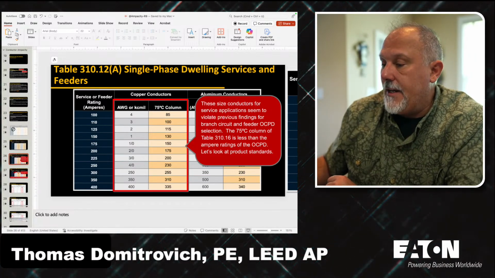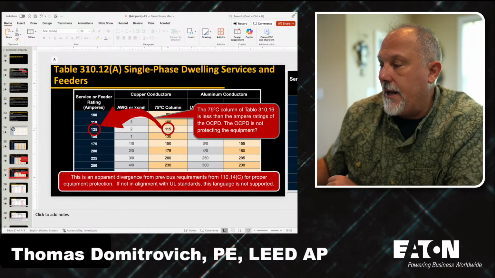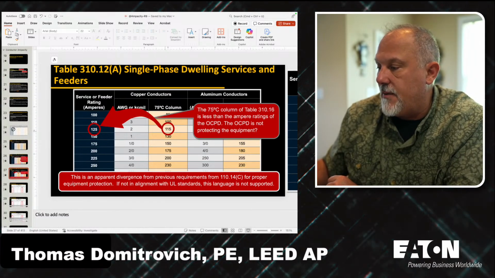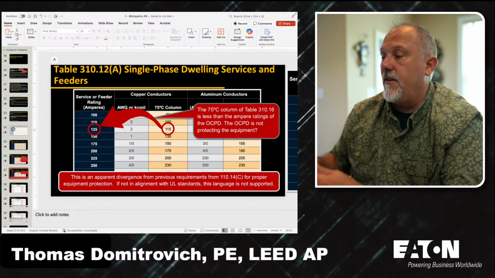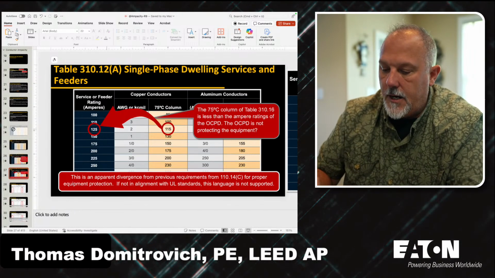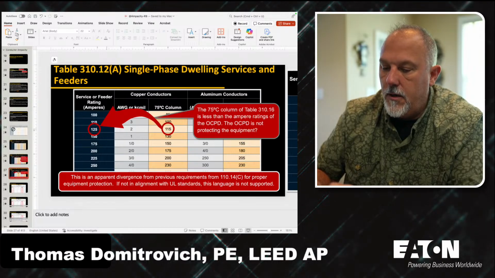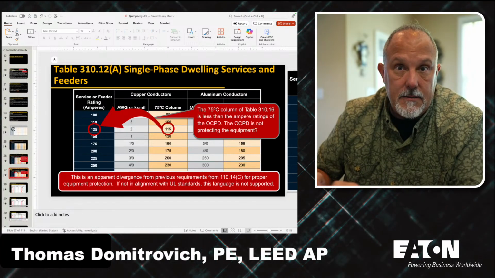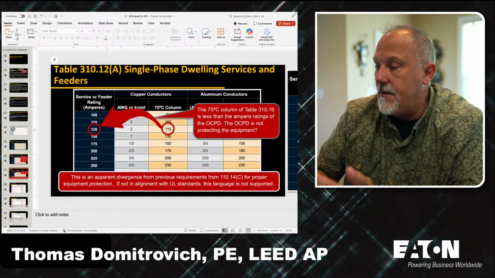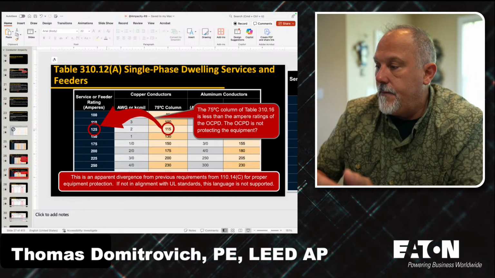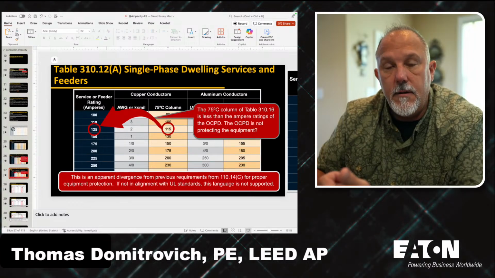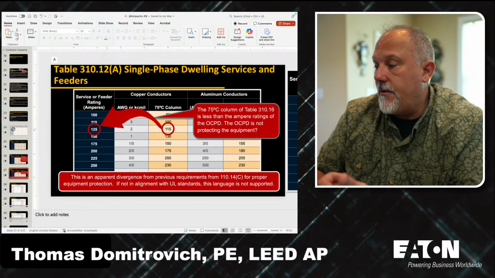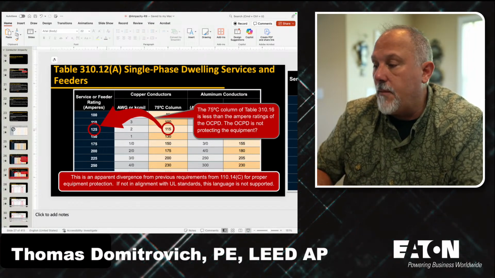So I'm just pointing out the fact that in the 75-degree column, it's 115 amps on a 125 amp breaker. If I just do a 125 amp breaker times 0.8 for 80%, my 75-degree C column is 100 amps, that is greater than my 1.25.